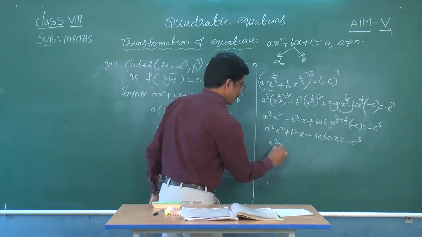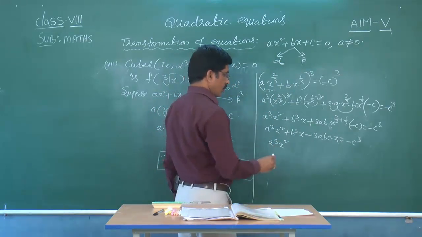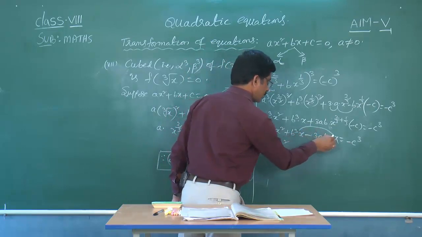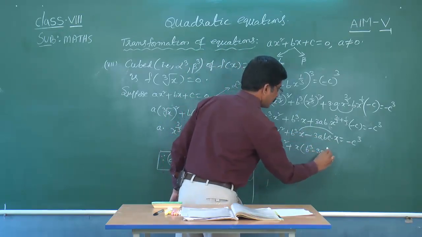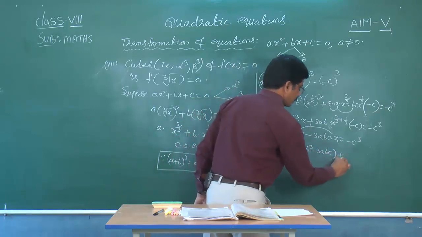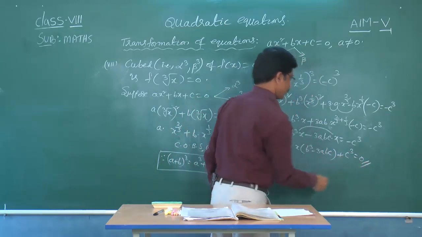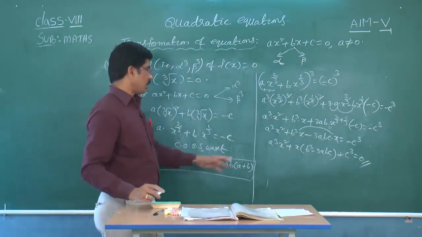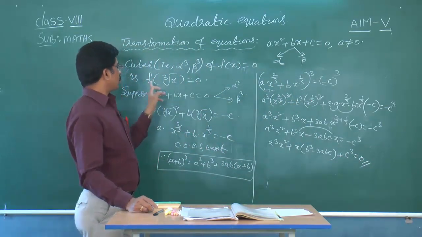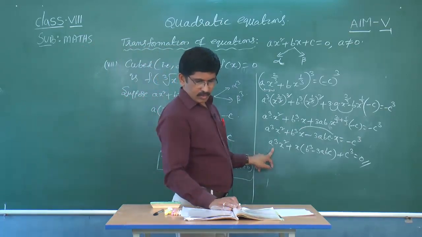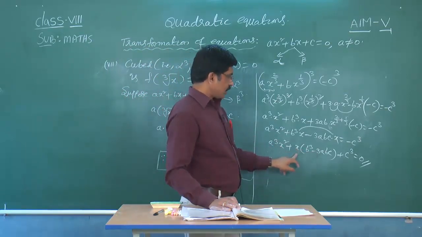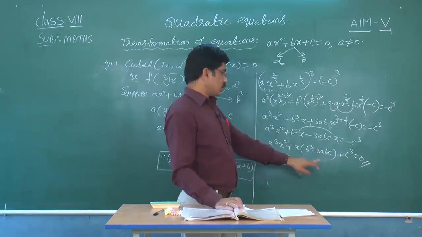In a cube x square, we take x common: a cube x square plus b cube minus 3abc into x plus c cube is equal to 0. This is the formula when roots are cubed. The required equation is a cube x square plus b cube minus 3abc into x plus c cube is equal to 0.